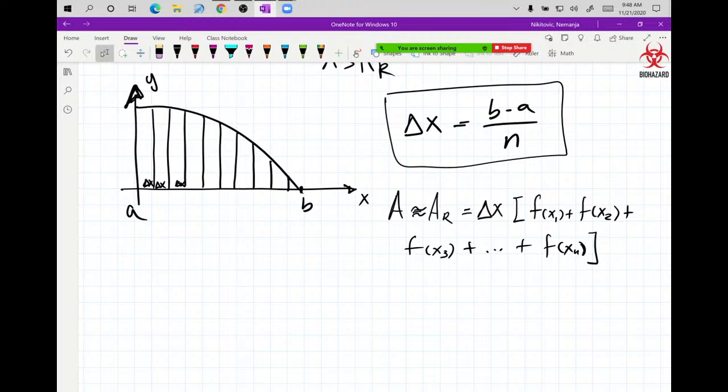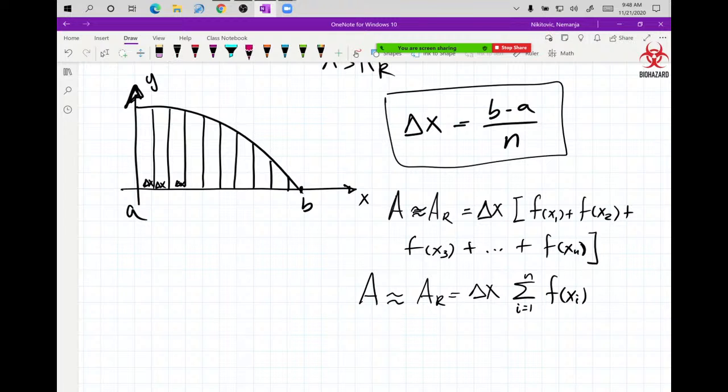And then we said, we can actually write this with summation notation, because that was much easier, less writing. Delta x times the summation, i goes from 1 to n, of f of xi. So this was our short notation for it.